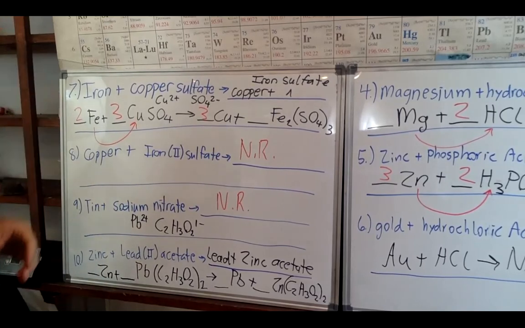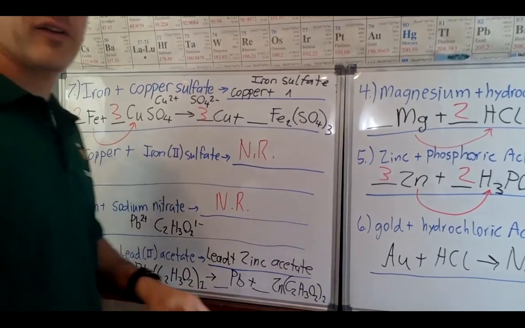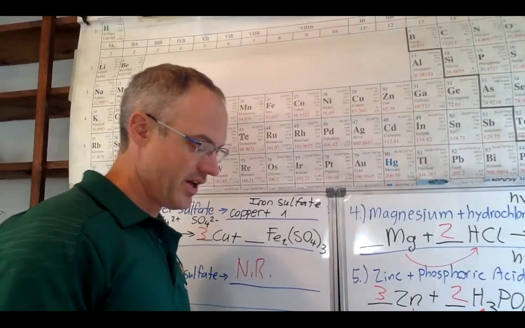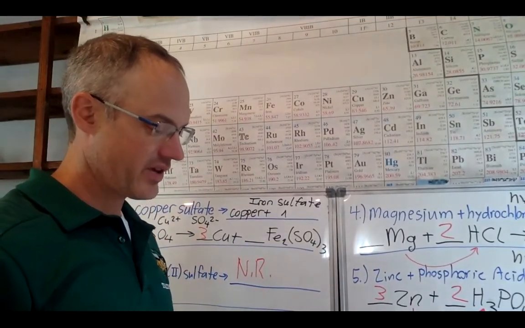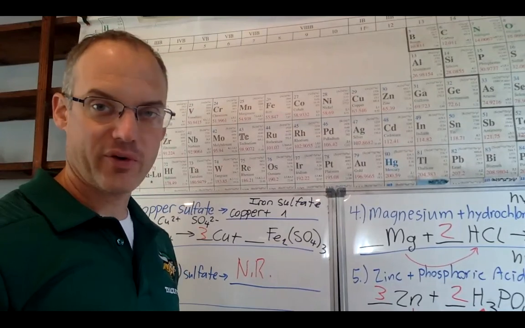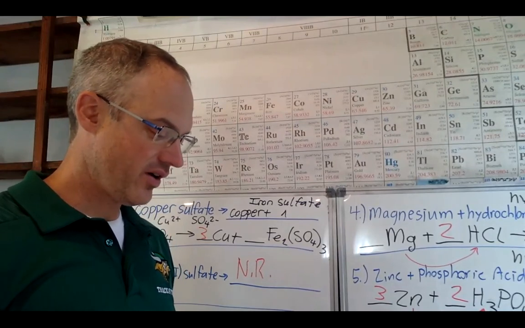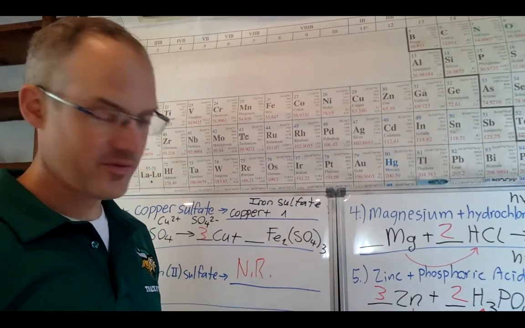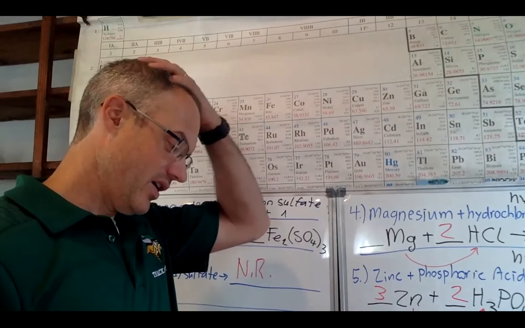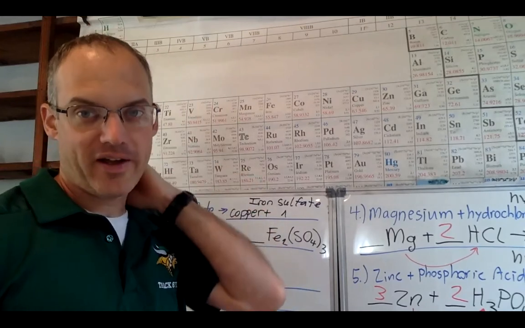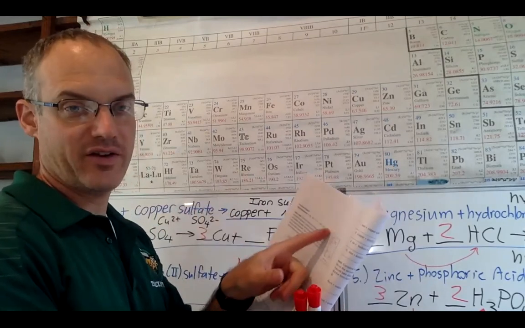So again, just to back up, we looked at 3 different types of reactions here with our single replacement reactions. We looked at metal and water, which they have to be the top 5 on the chart in order to react with water. Metal and acid, they have to be above the hydrogen in our reactivity series.